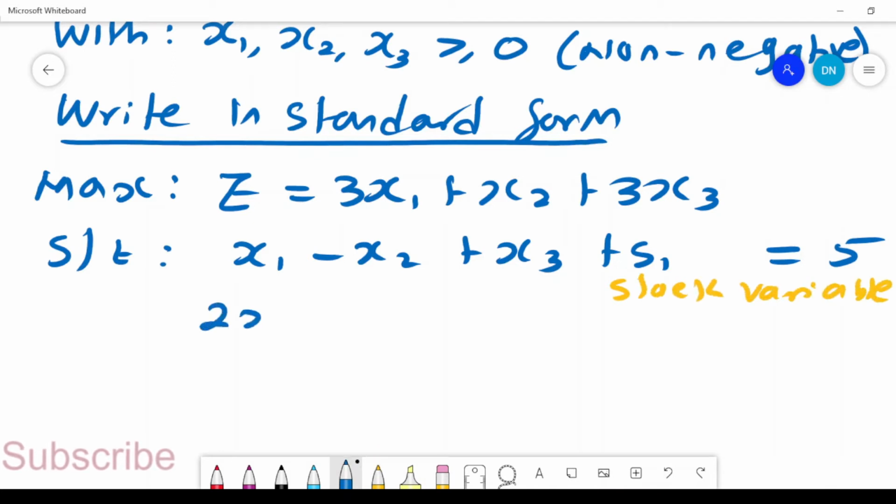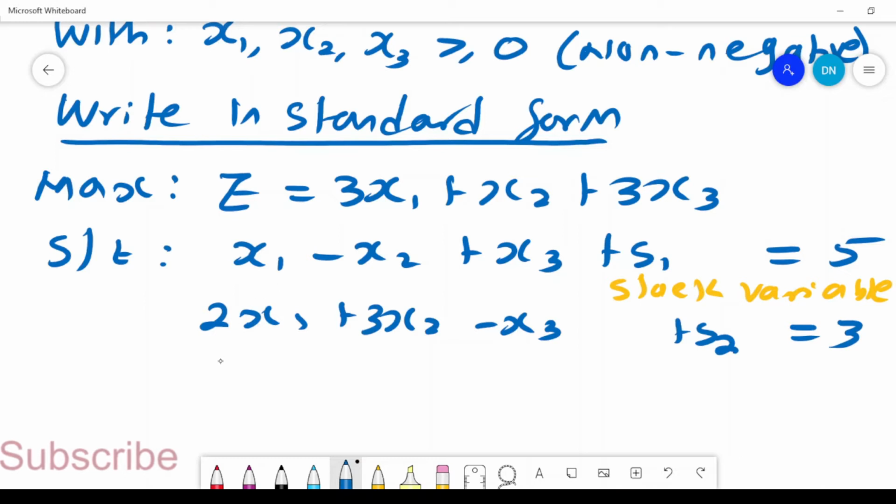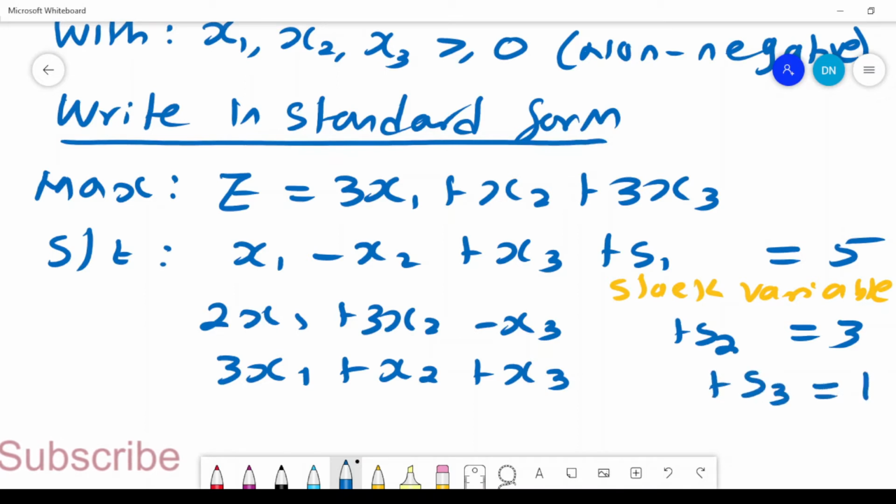And then we have 2x1 plus 3x2 minus x3 plus s2 is equal to 3. And that is our second slack variable. And then we have 3x1 plus x2 plus x3 plus s3 is equal to 11. And so our third slack variable is s3.